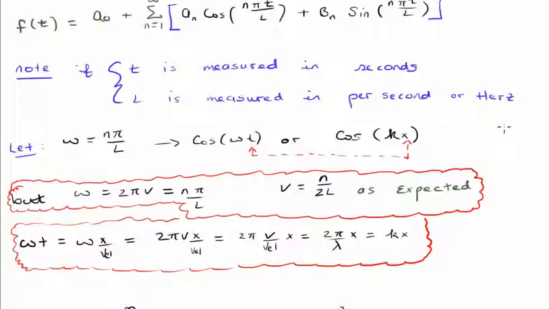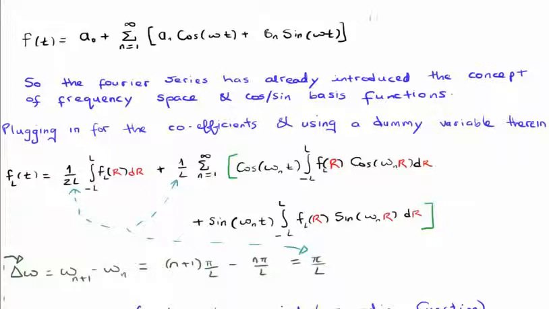As a matter of interest, the expressions here will show you how to go between cosine of omega t and cosine kx, or move in between time and space if you like. So this equation here is our Fourier series using omega instead of the linear frequency nu.